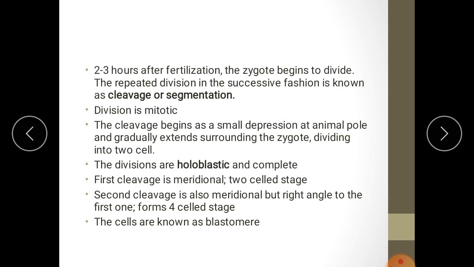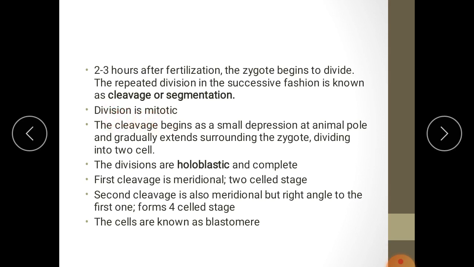The repeated division in the successive fashion is known as cleavage or segmentation. So what is cleavage or segmentation? The repeated mitotic division in the successive fashion is known as cleavage or segmentation. So division is what type? Mitotic type. There are two types of divisions of cells: mitotic division, meiotic division. Here the cleavage is mitotic division.